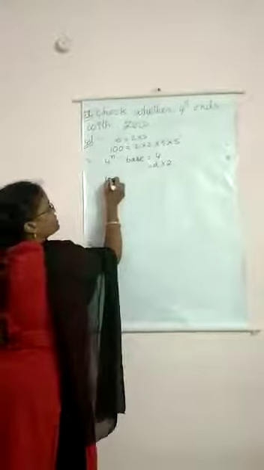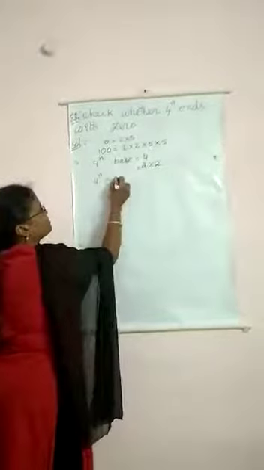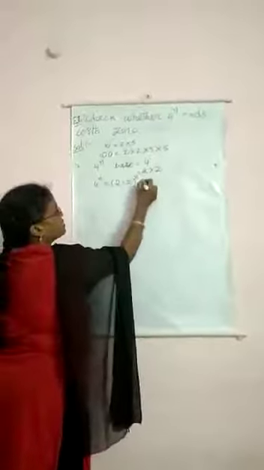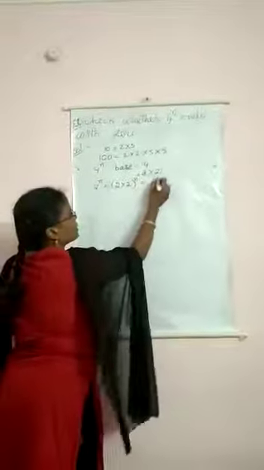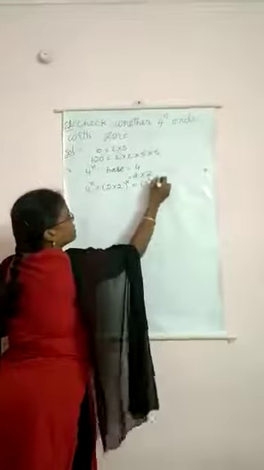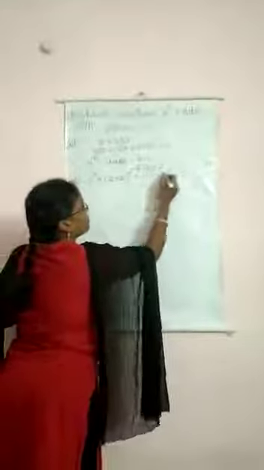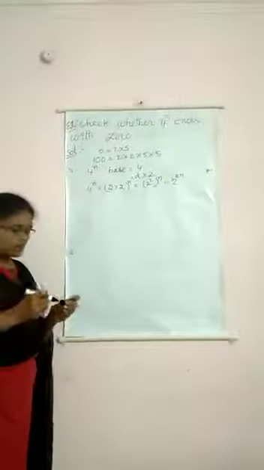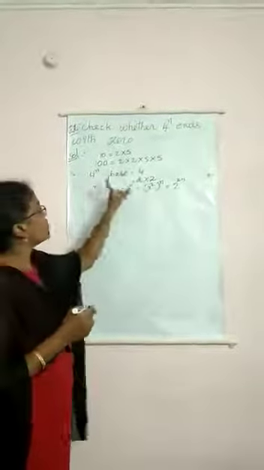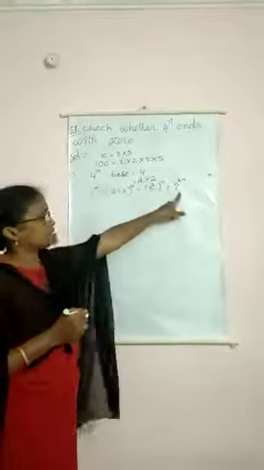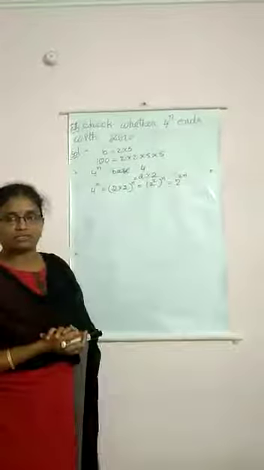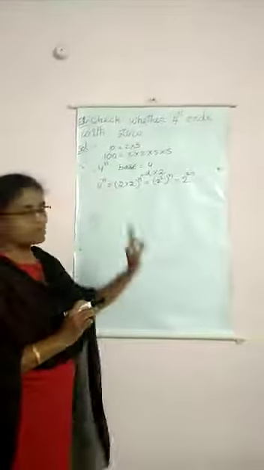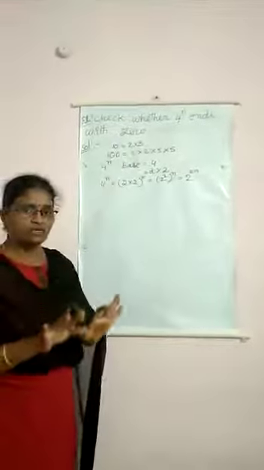Substituting in this one, 4 power n is equal to 2 into 2 whole power n, that is equal to 2 square whole power n, that is equal to 2 power 2n. So the prime factorization of 4 power n contains only 2 powers, not 5 powers. That means it does not end with 0.